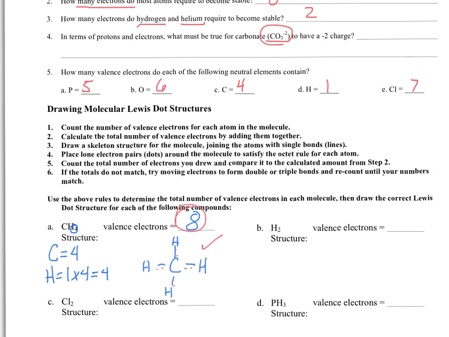So for example, in letter A, no matter which way you flip this around, it's going to look the exact same way. So we say that it is symmetrical. Since it's symmetrical, it doesn't have any areas where there's extra electrons or extra negative charge, so this would be non-polar.